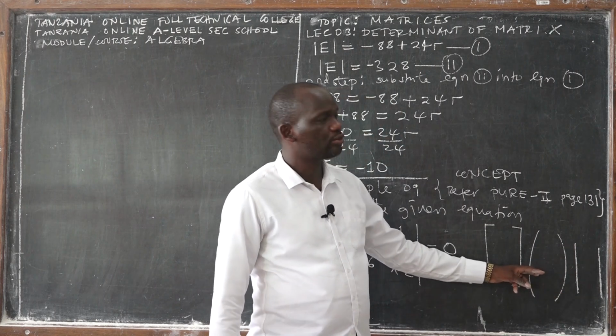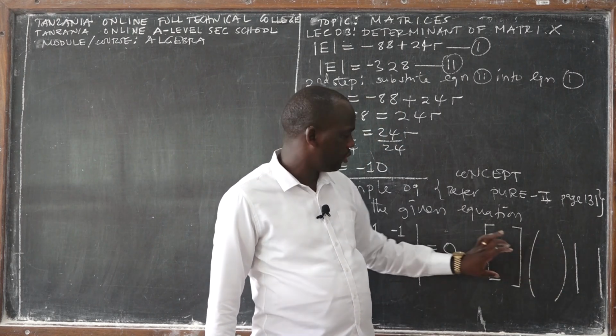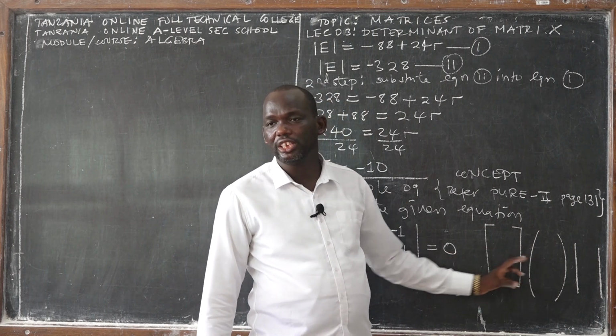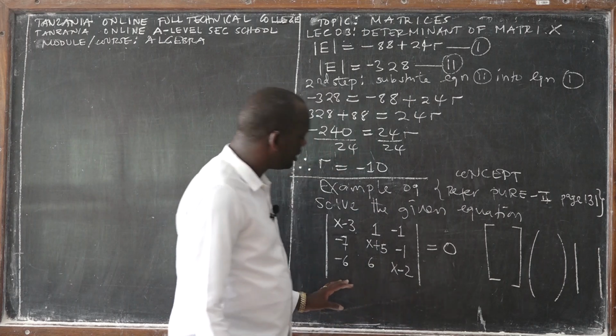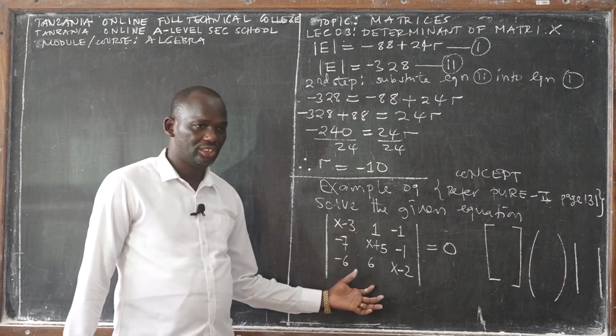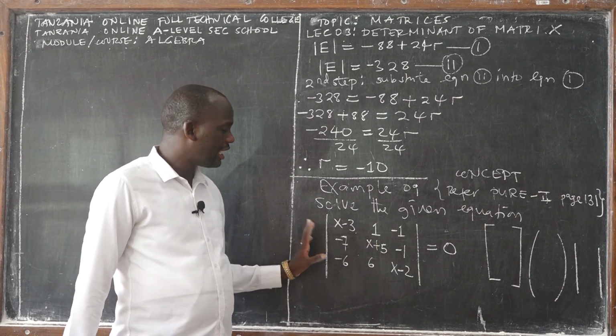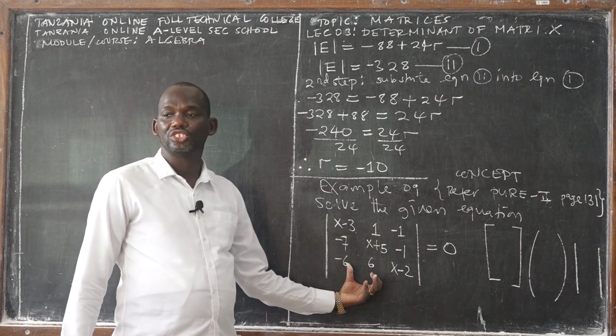So this is actually a matrix, but these signs tell us something: the determinant of this matrix is equal to 0.